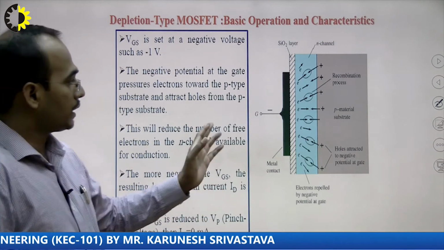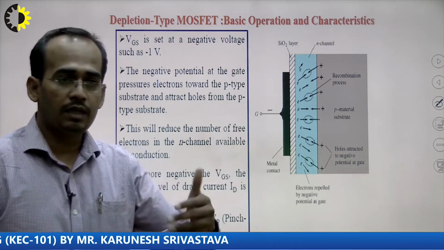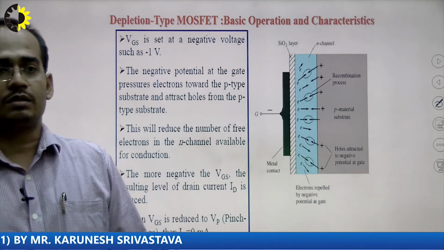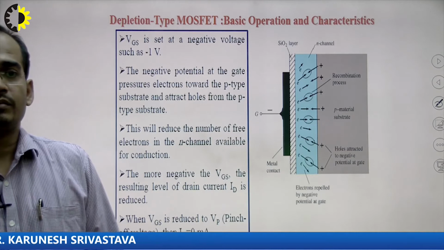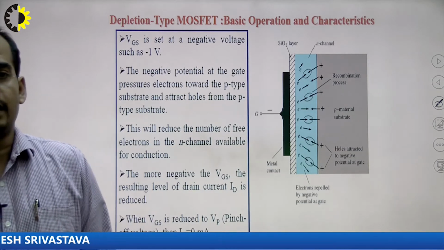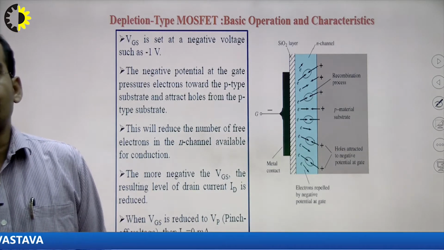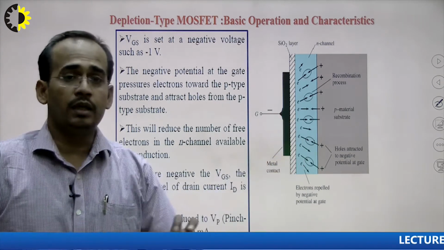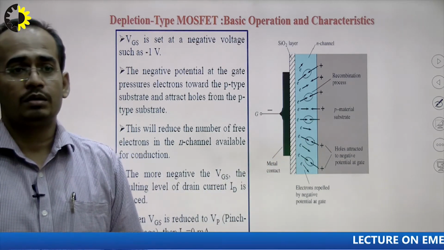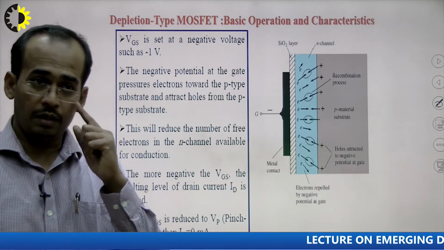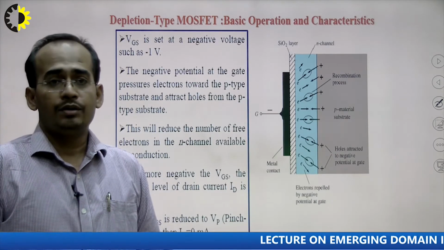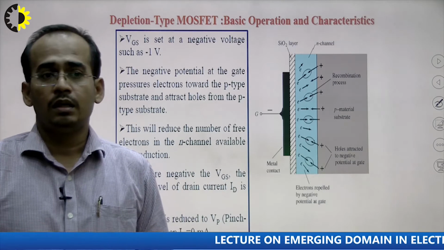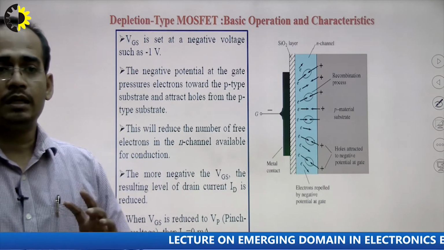How does the concentration of charge carriers decrease? As we increase the VGS value, the negative potential at the gate terminal attracts the electrons moving in the P type substrate. So, they will reduce the number of free electrons in the N channel that are participating in the conduction.